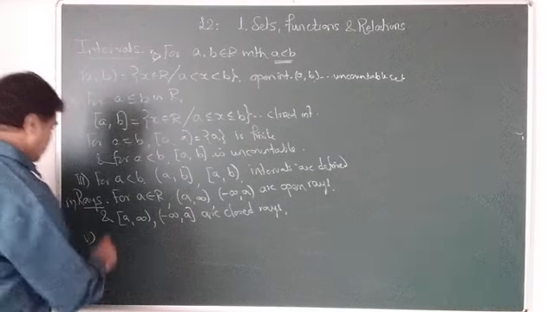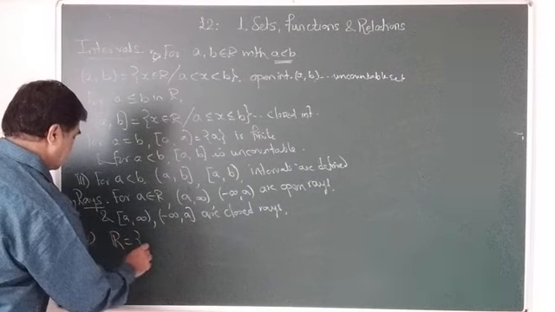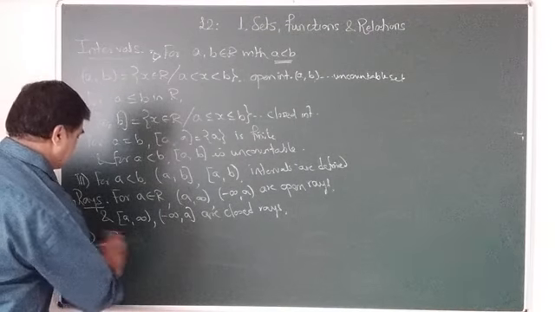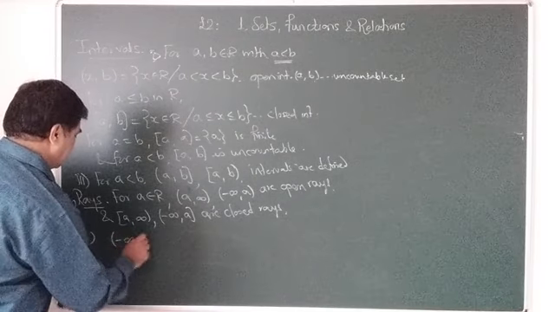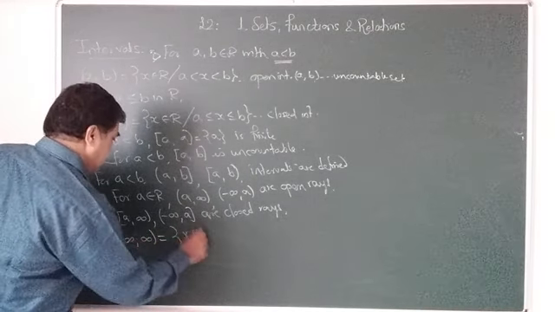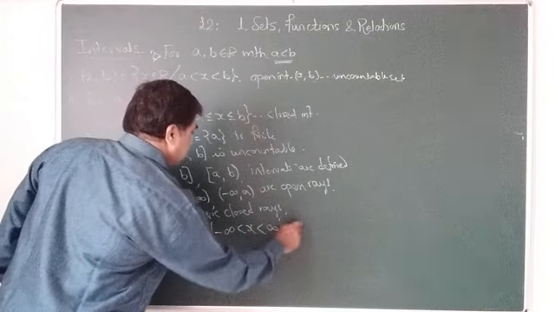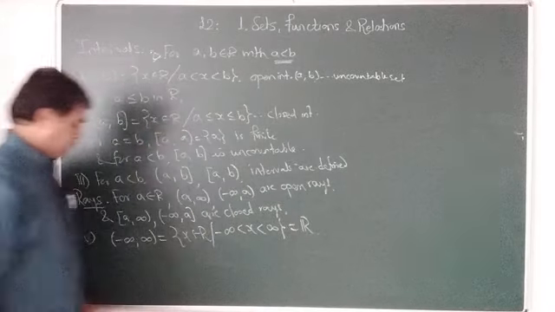Five. What is R? R is minus infinity to infinity. It is the set of x belonging to R such that minus infinity less than x less than infinity. This is precisely the set of real numbers.